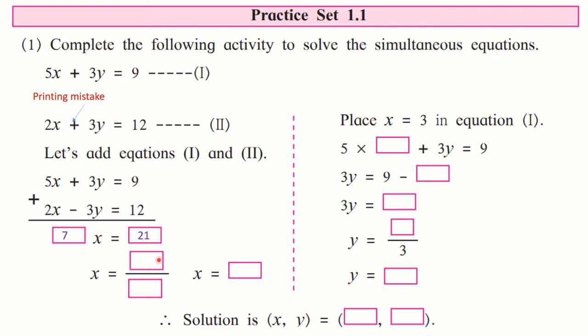So 21 will appear as numerator and 7 will appear as denominator. So when we divide, 7 3s are 21, therefore x is equal to 3. Correct? So we got the value of x as 3 after adding the two equations.